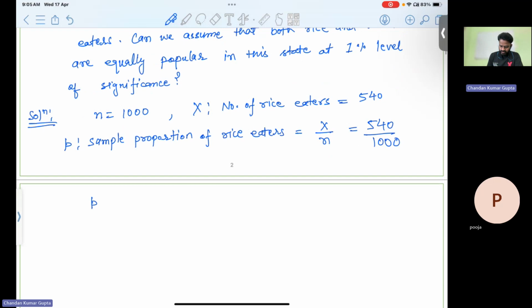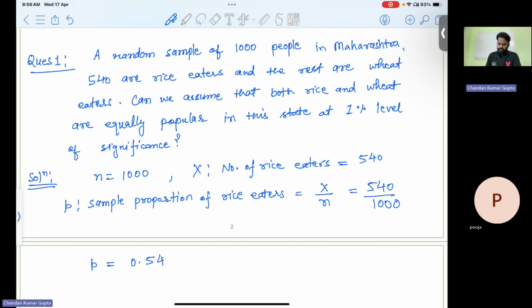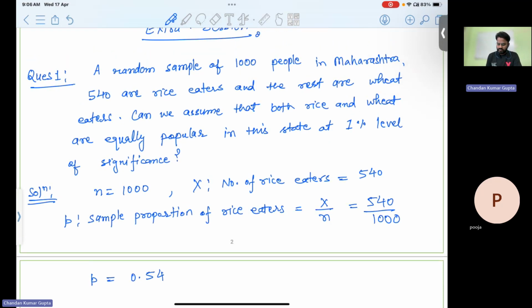So from here, the proportion comes out to be 0.54. Now the population proportion of rice eaters is what?